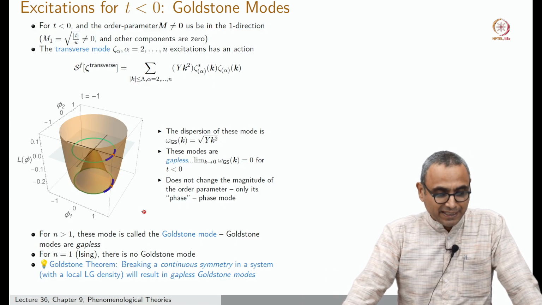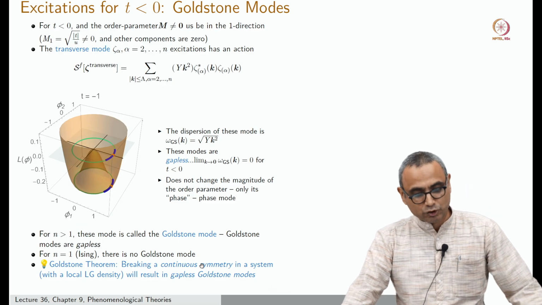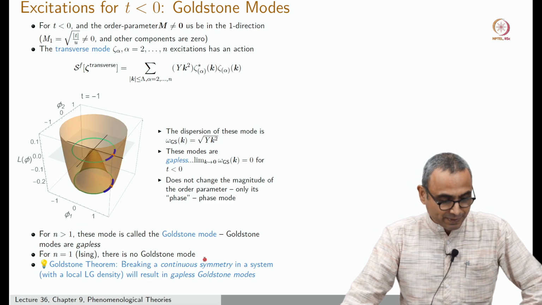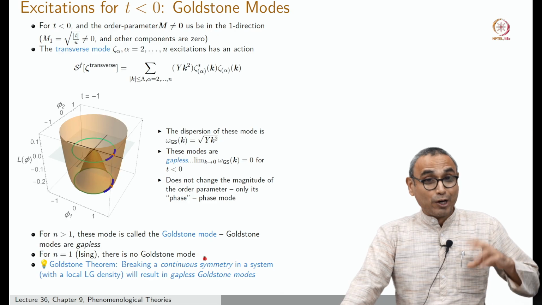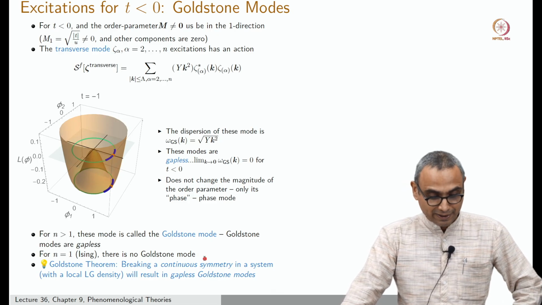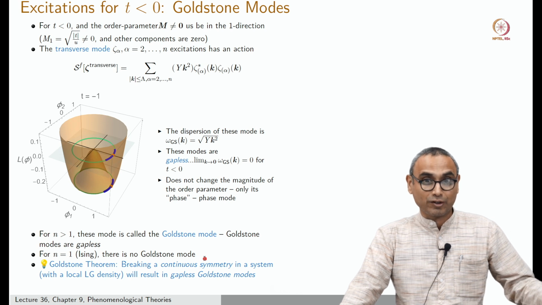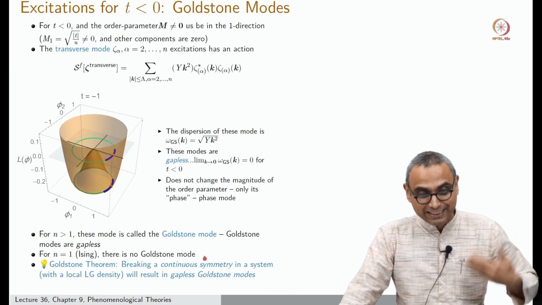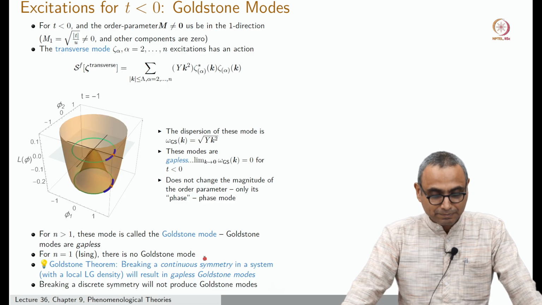Then this Goldstone theorem will work just fine for us. Okay, so you can already see that this Ginzburg-Landau theory taught us more than what we thought we had learned. So it teaches us all these nice things.